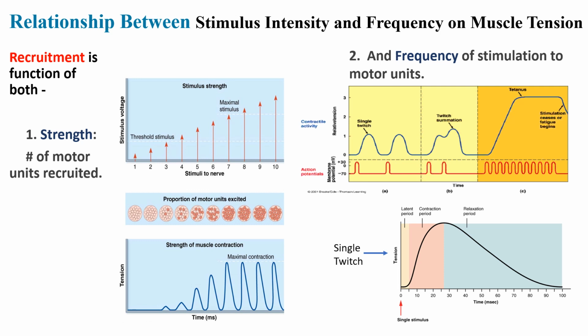So a single twitch is like this right here, where you have initiation of contraction, and then you have a period of relaxation. If you happen to fire off again sometime during this relaxation period, the subsequent contraction will be stronger. So number of simultaneous motor units fired, all right, and how often you fire them.